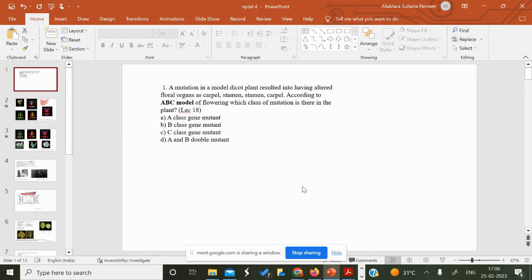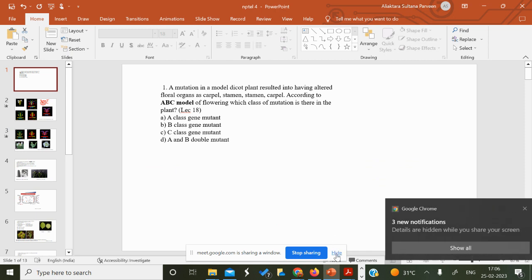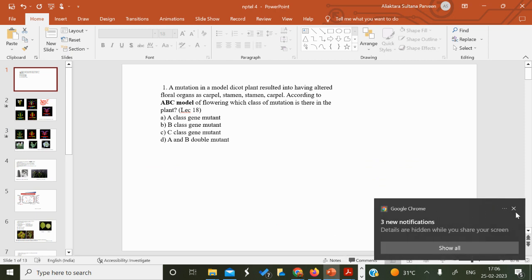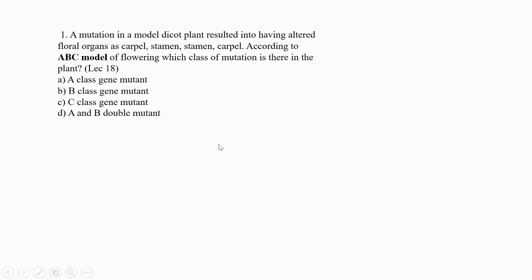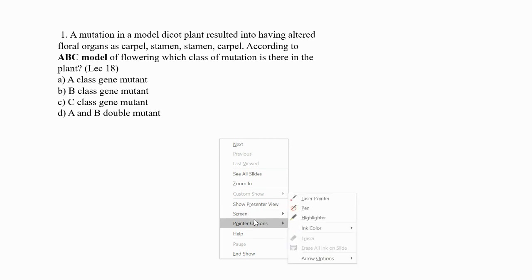Could you please let me know if my slide is visible or not? Yes, ma'am, visible. Okay, so today is lecture 4. I'll be discussing one of the previous year's assignments, the fourth assignment.